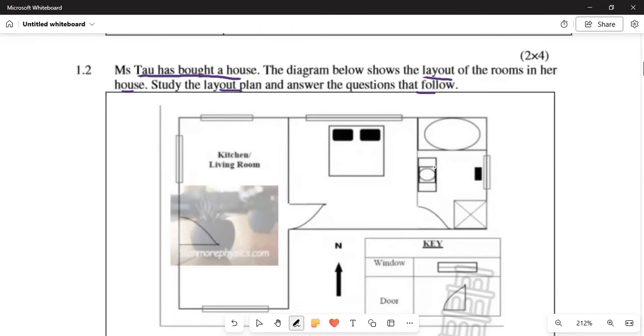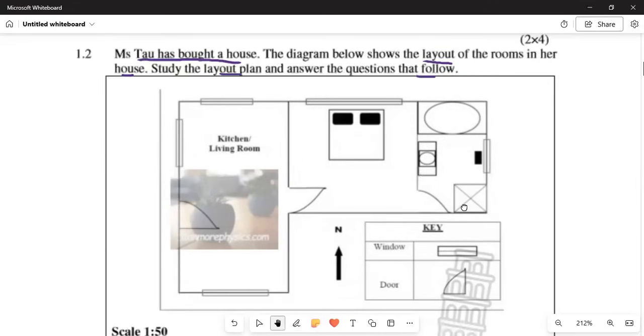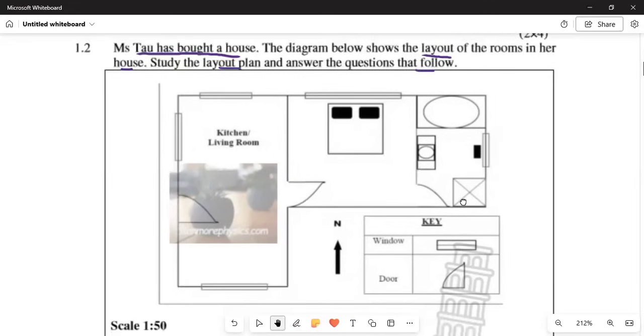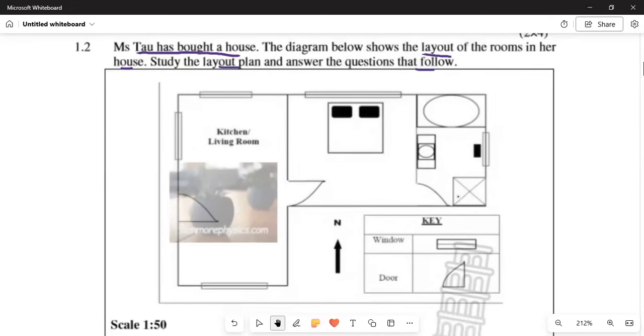So this is the house layout from top to bottom. We can clearly see that it has a kitchen or a living room, and other related rooms as well. What is key for us here is to understand the keys that we are given.